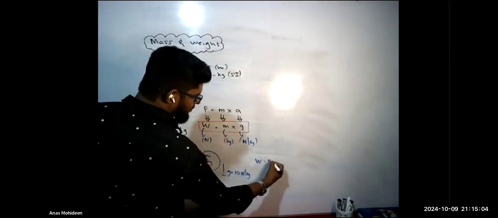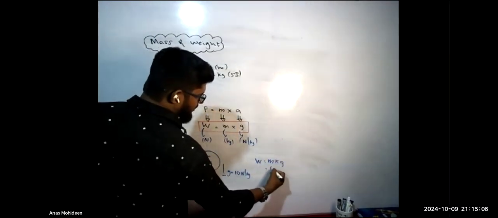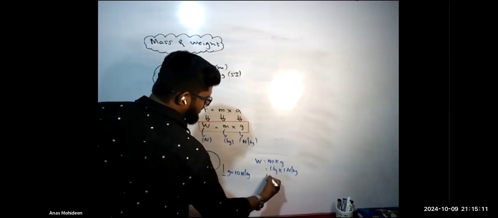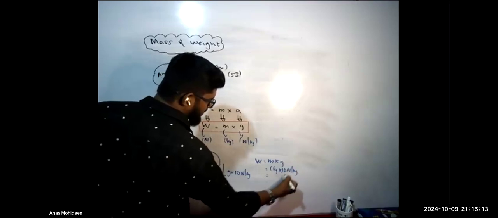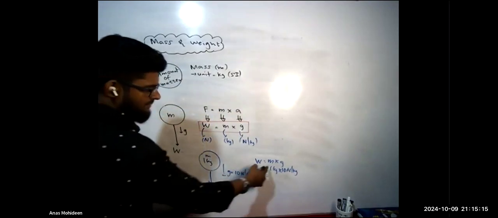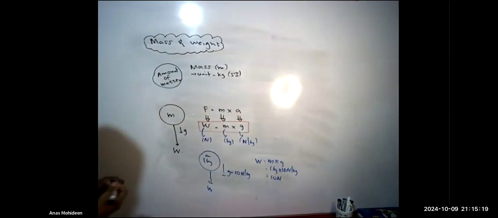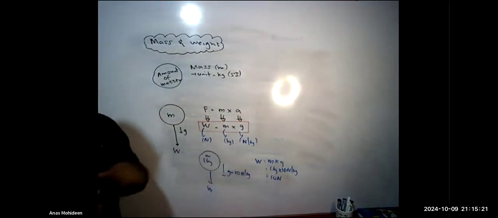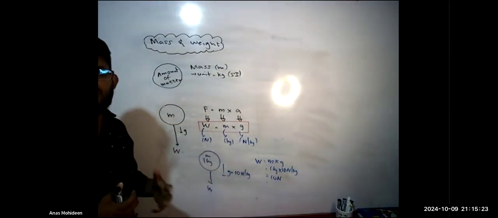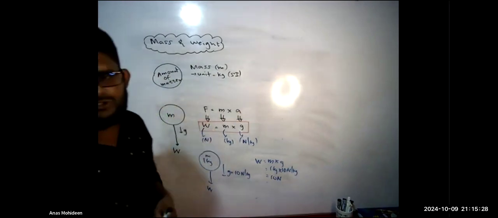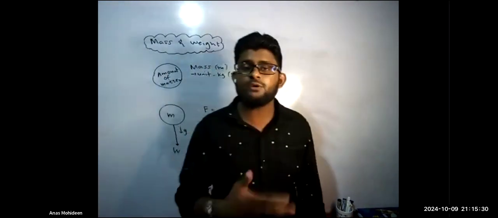Weight is equal to m into g, 1 kilogram into 10 newtons per kilogram. 1 into 10 gives you 10 newtons. By this example we build up, for easy calculations, that 1 kilogram is equal to 10 newtons.